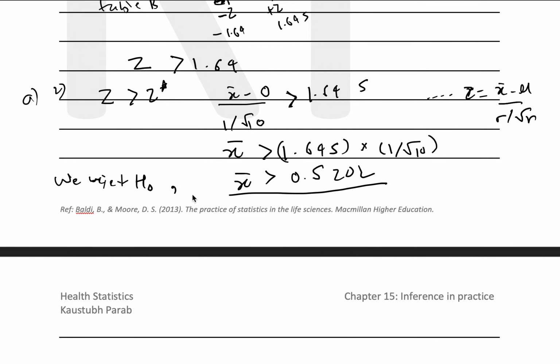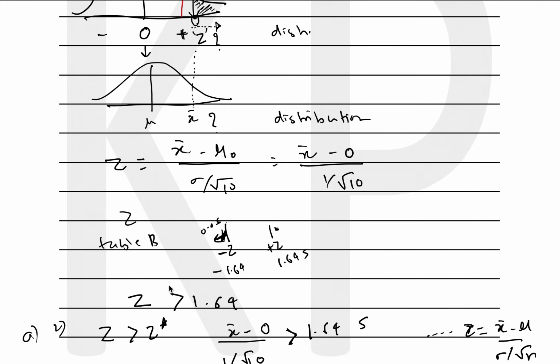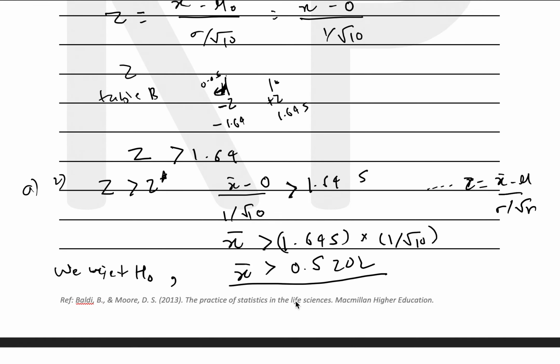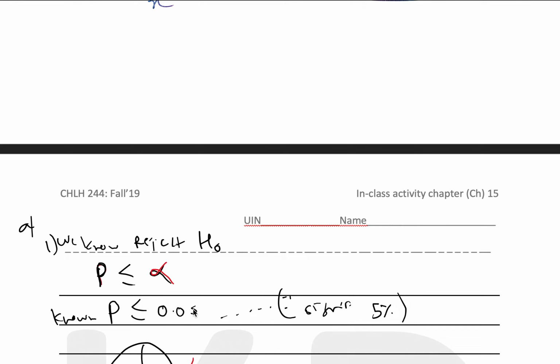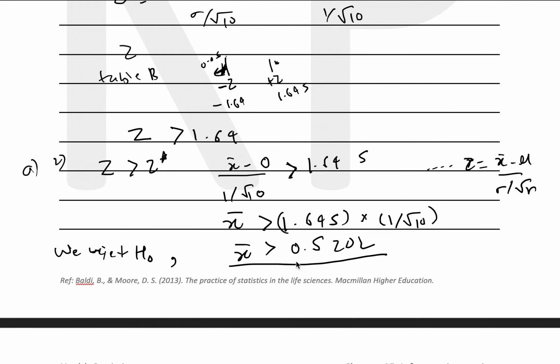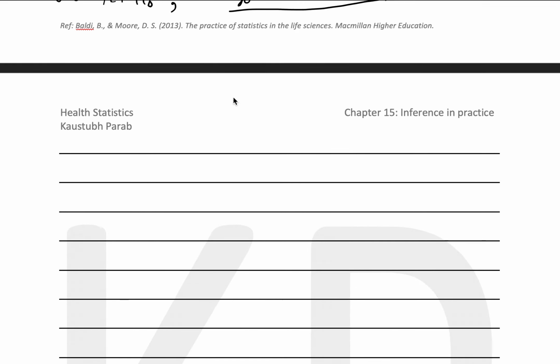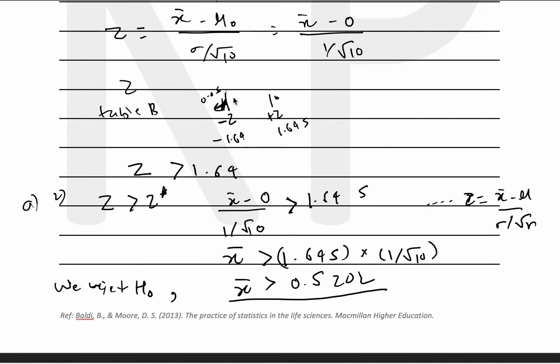So when we reject the null, that's the x bar, and that's the z value, right? And we are not going to get a definite answer, because it can be anywhere; the probability is anywhere less than or equal to that particular alpha level. So we are always going to have an answer like this, right? It could be anywhere further z or x score on this tail, but that's the answer that we expect, right?